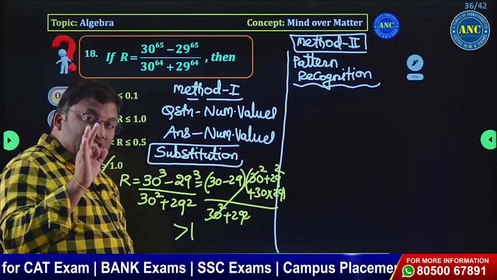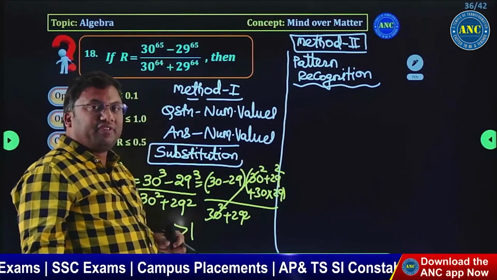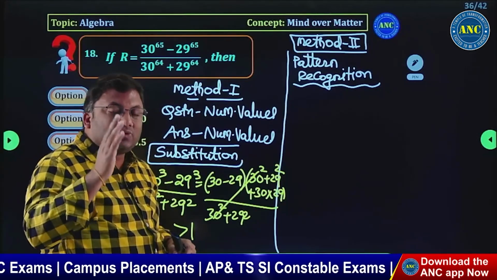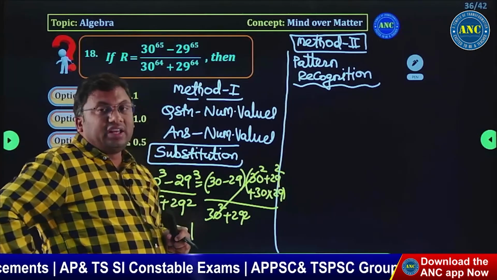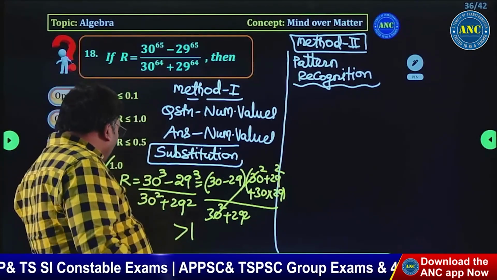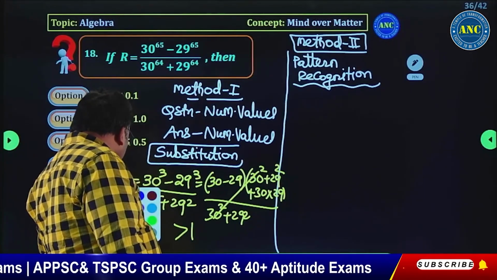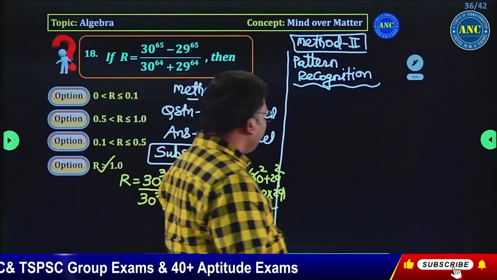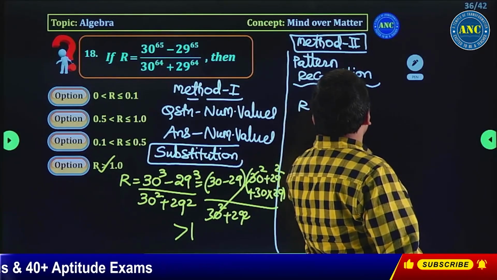I just observed that here it is 64, here it is 65. The denominator power is 1 less than the numerator power. I substituted n equivalent to 3. In fact, you don't need to do this also. Take lower values. Instead of 30 and 29, take smaller values.